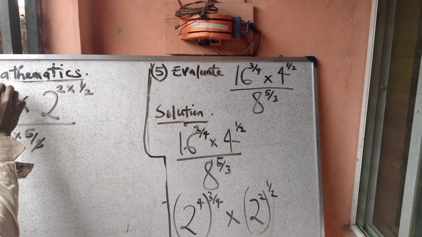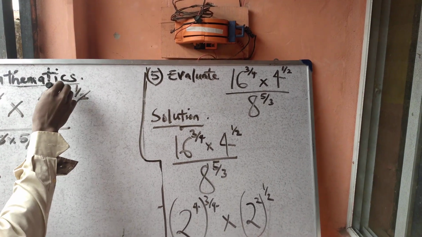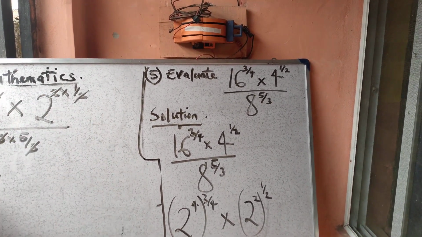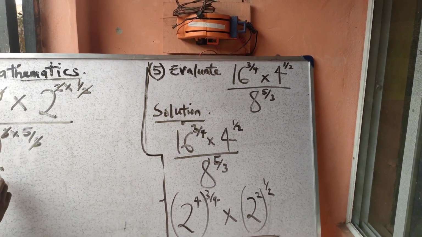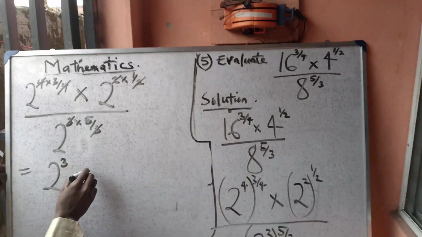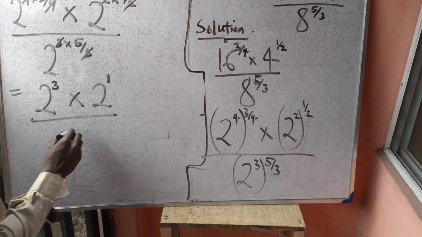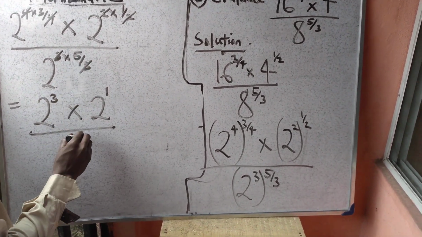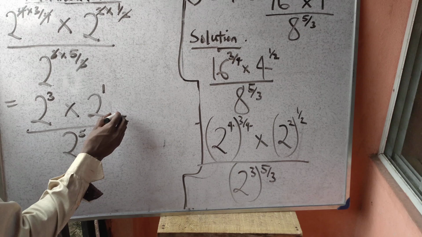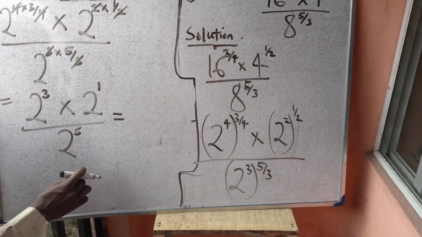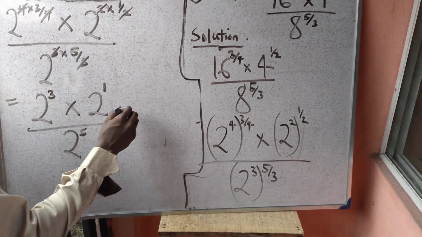This will eliminate this. 4 will eliminate 4. 2 will eliminate 2. Finally, we are having 2 raised to the power 3 times 2 raised to the power 1 over 2 raised to the power 5. So now this will be what?